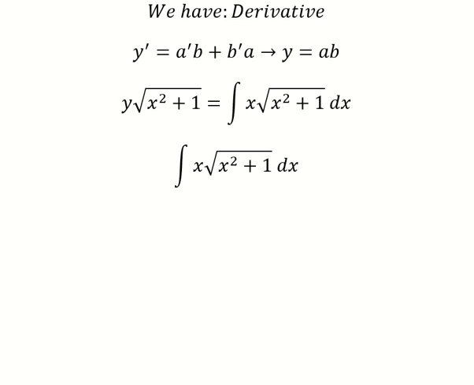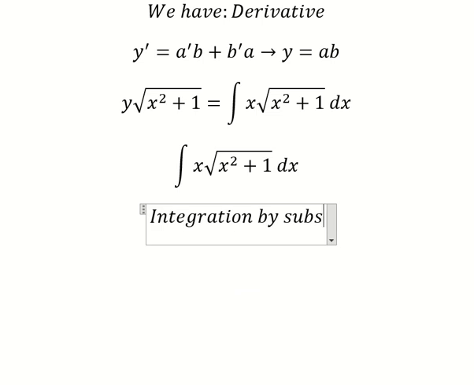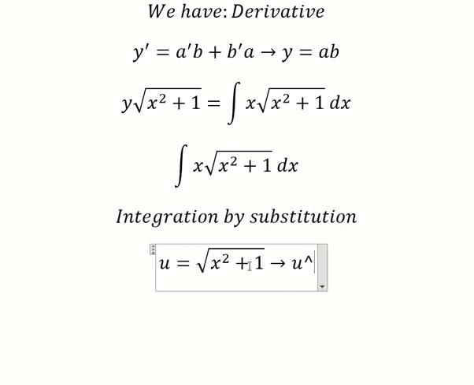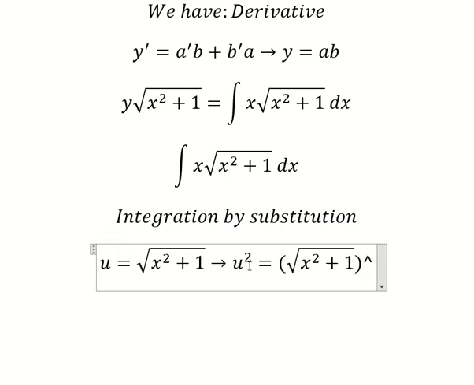For this one, we can apply integration by substitution. So I will put u equals the square root of s squared plus 1. After that, we put the power of 2 on both sides to cancel the square root.